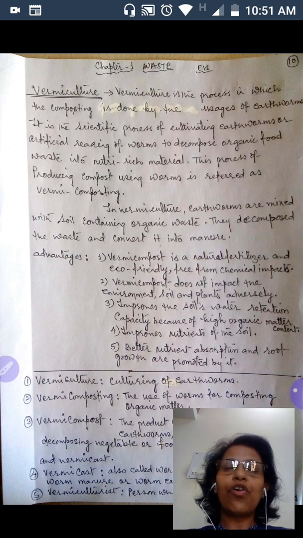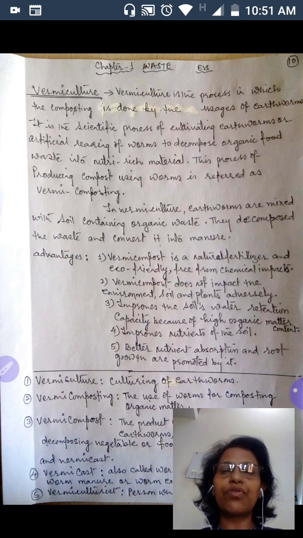It also improves soil fertility and water holding capacity. It returns the nutrients, micro as well as macronutrients, back to the soil, and it also improves the soil texture. It gives better nutrient absorption, and it also promotes root growth.